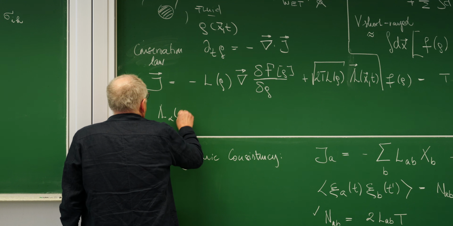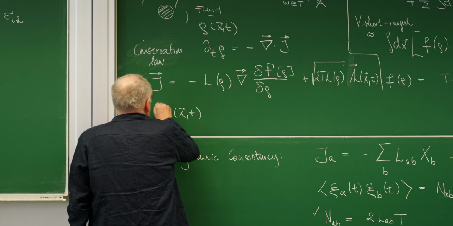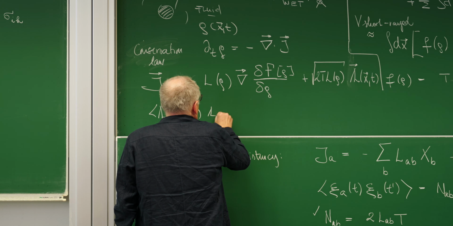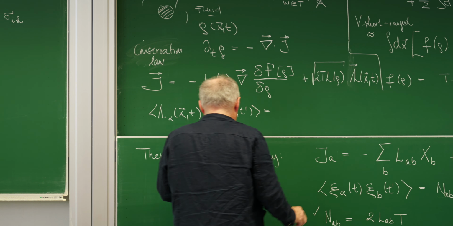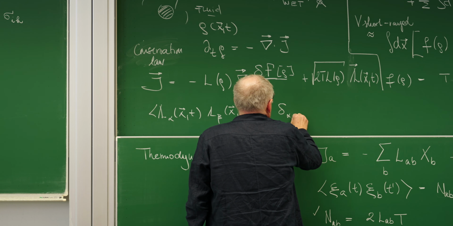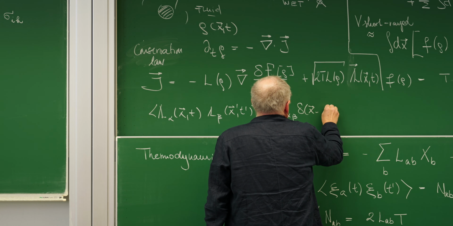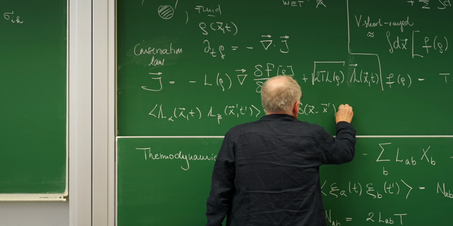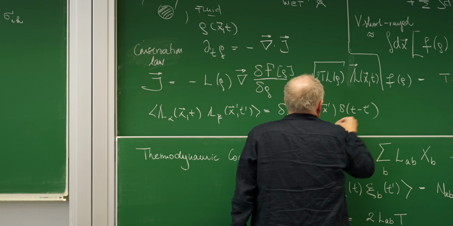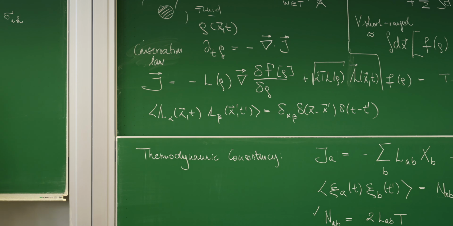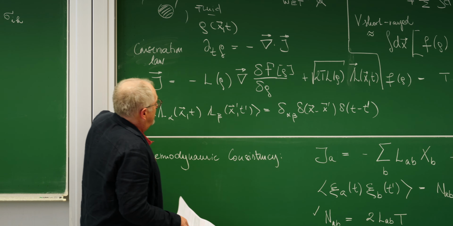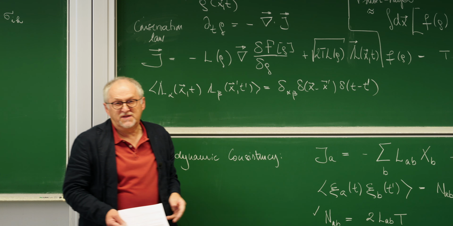The lambdas are white noise, so the correlator is equal to delta alpha beta, delta x minus x prime, delta t minus t prime. Okay, so local relaxation into the free energy minimum by chemical potentials that drive the currents in that case.